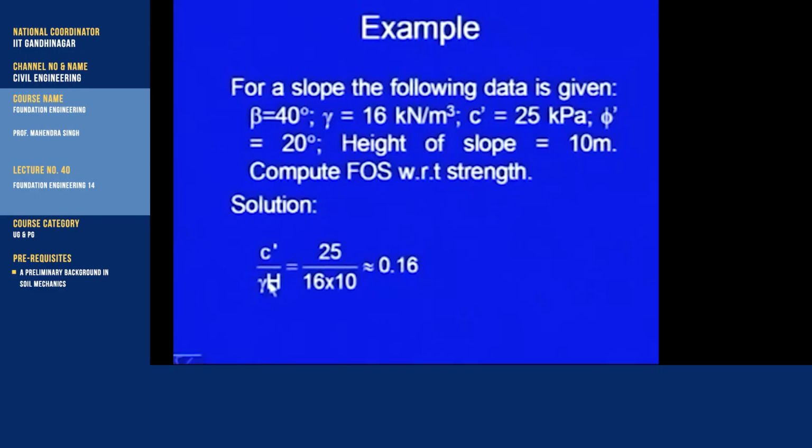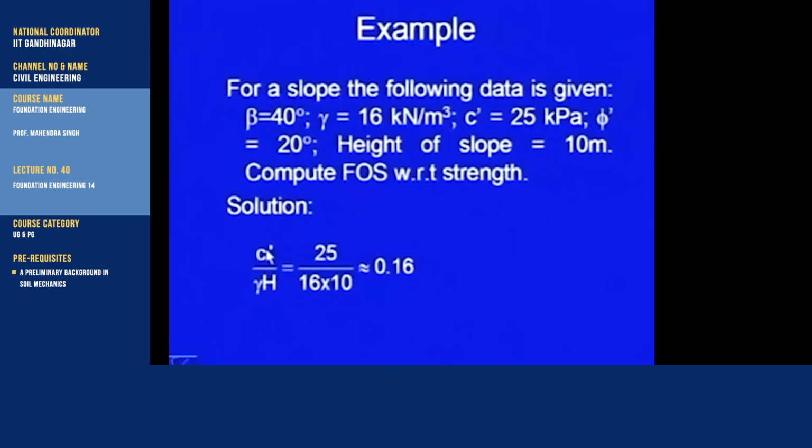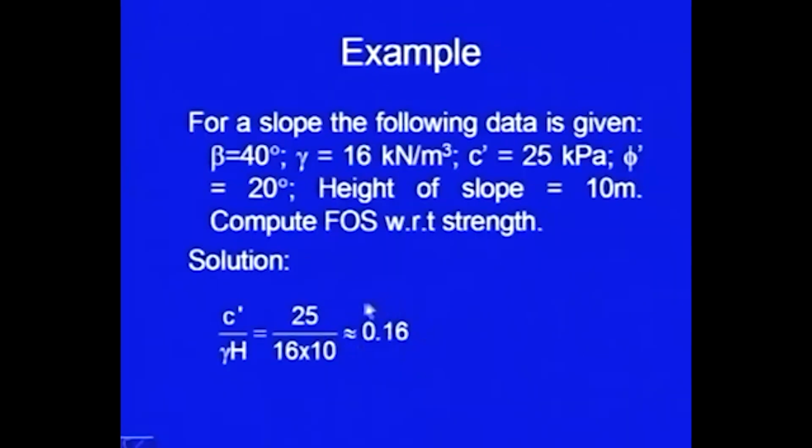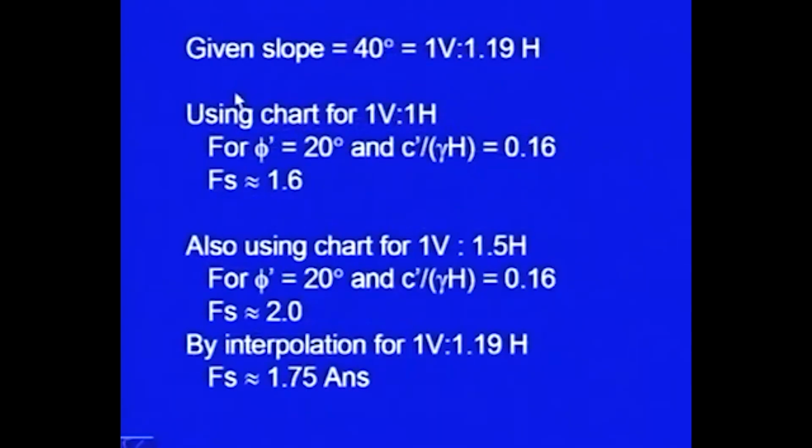So, take up these parameters, c dash upon gamma h comes out to be 0.16. So, on y axis you have to look for 0.16, and the given slope is 40 degree, and when I convert it into this term vertical to horizontal, it comes out to be 1 vertical and 1.19 horizontal.